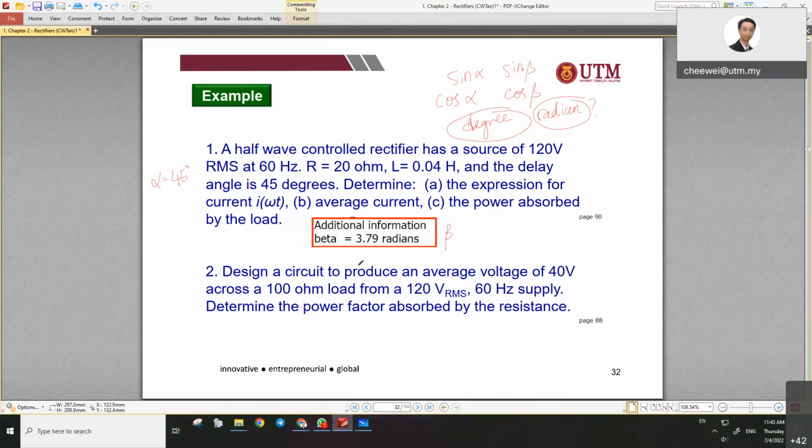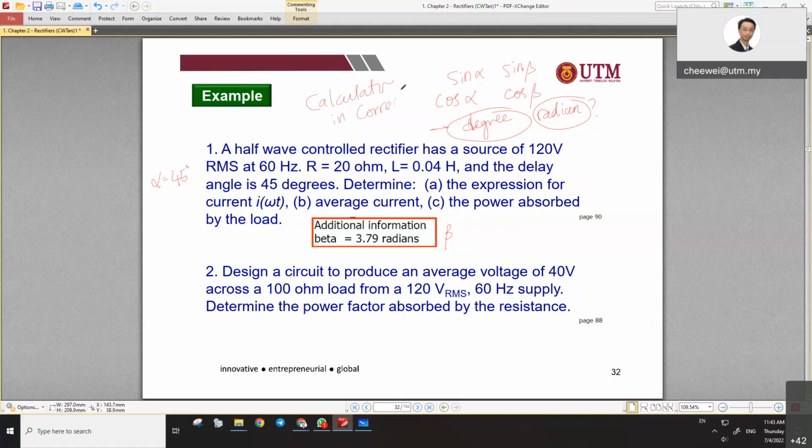Now, remember, you are the boss. If you want to take it as degree, you make sure that your calculator is in the degree mode. You are the boss to change. If your calculator is in degree mode and you key in the radian number, that is your problem. That is out of my control. Make sure your calculator is in the correct mode.